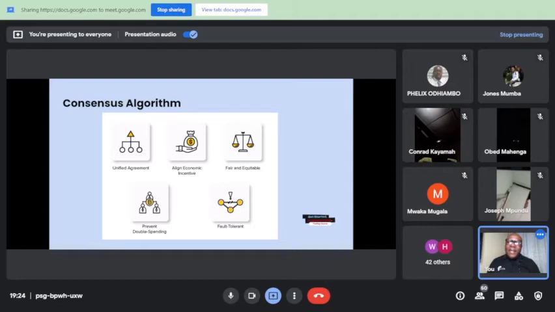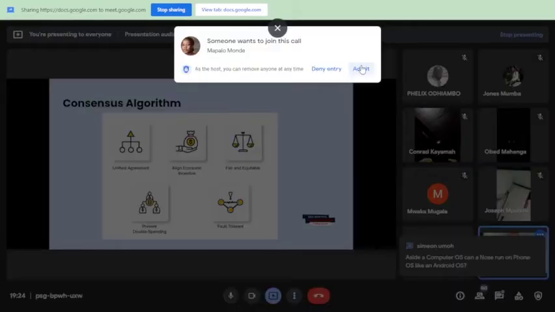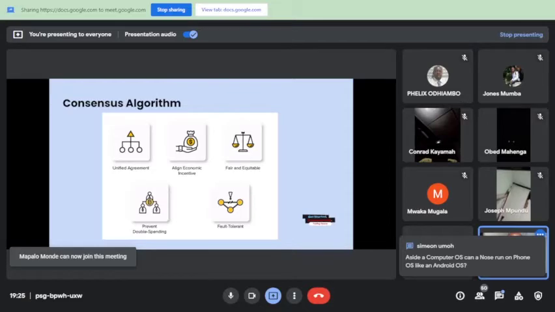So for example, Bitcoin uses the proof of work system where the chain with the most accumulated work is considered the valid one by the network. And apart from proof of work, one of the other popular consensus algorithms is the proof of stake. So let us look at the proof of work algorithm.